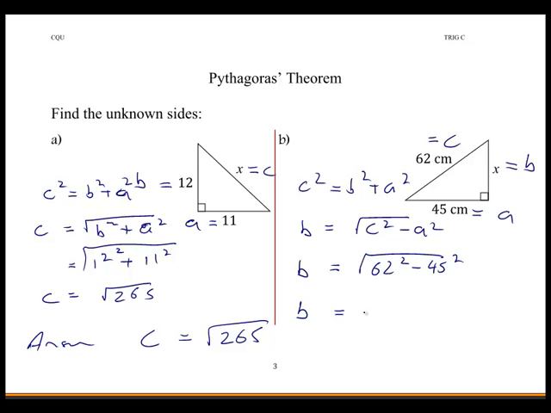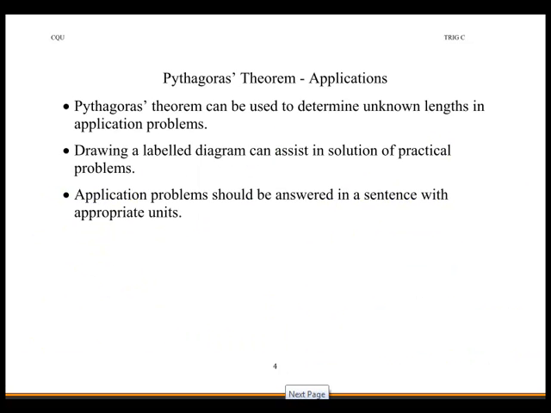Work that out in the calculator. Now once again, when you put it in the calculator, it's fine to give it as a decimal. Just use your common sense on how many decimal places. There's no marks in that, as long as you don't go overboard. Okay, so there we are, there's the answer.